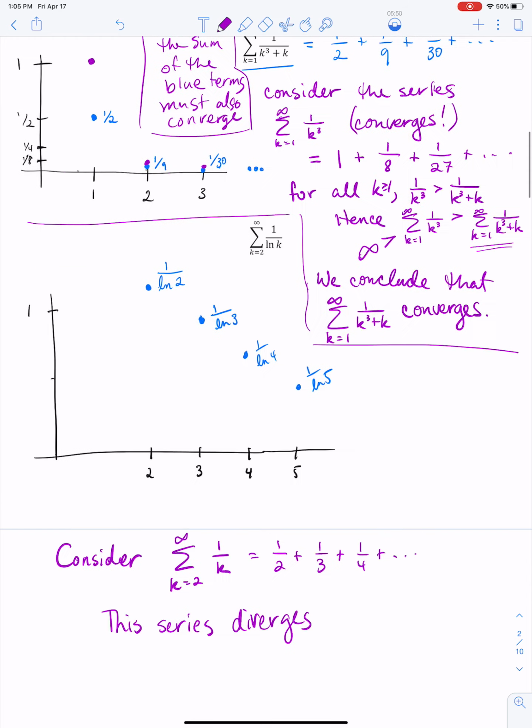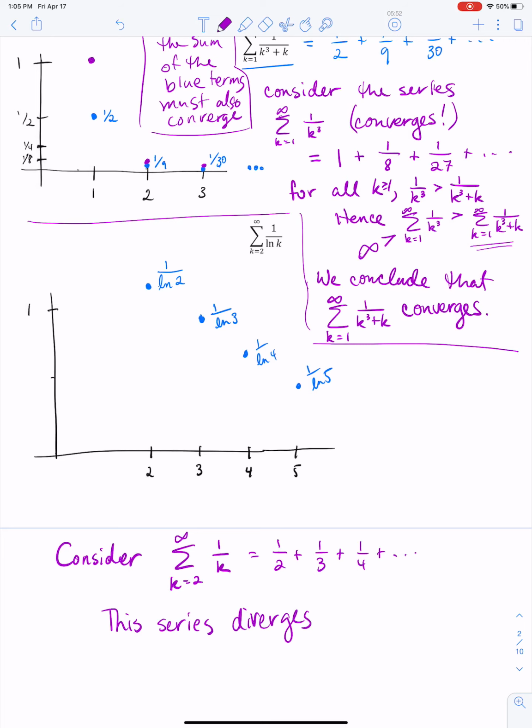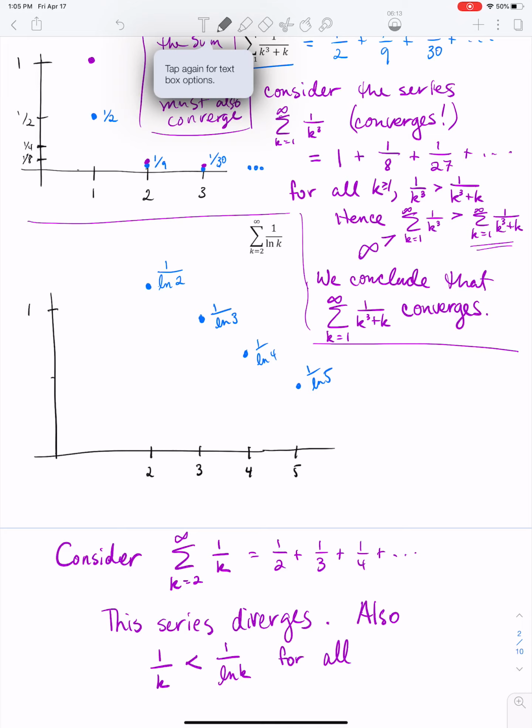But notice here that 1 over k is strictly less than 1 over ln k for all k bigger than or equal to 2.